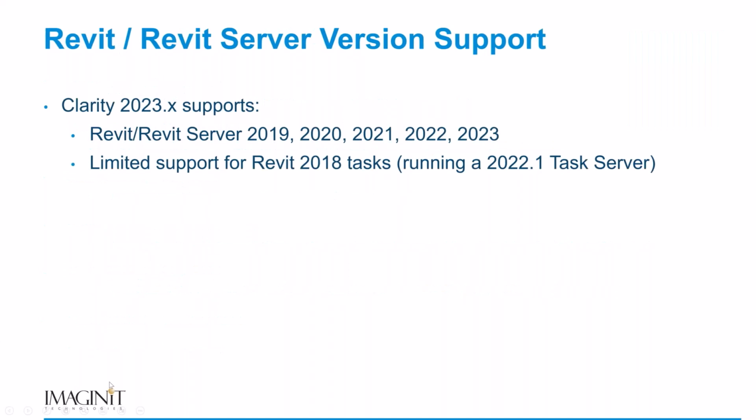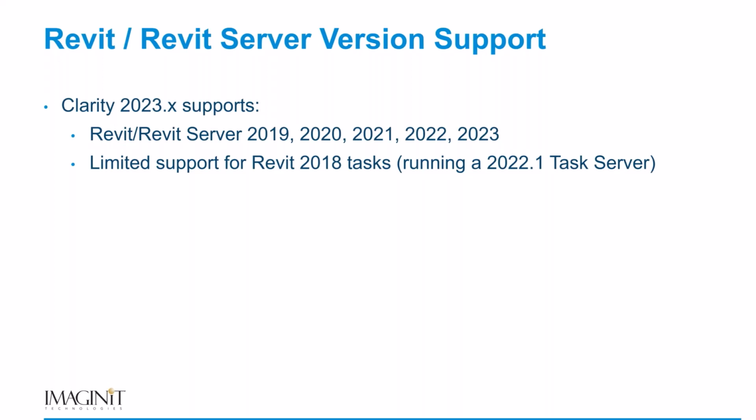In terms of Revit and Revit Server version support, in Clarity 2023.1 and 0.0 for that matter, we are supporting Revit 2023 all the way back to Revit 2019. So that's 5 versions, and we have some ability to run Revit 2018 by having an older task server installed.